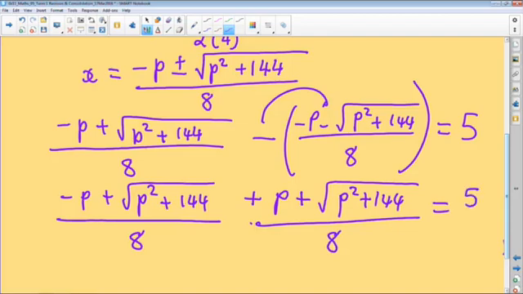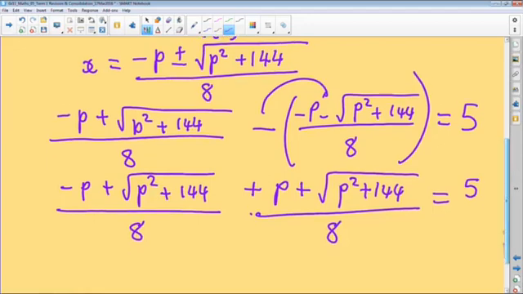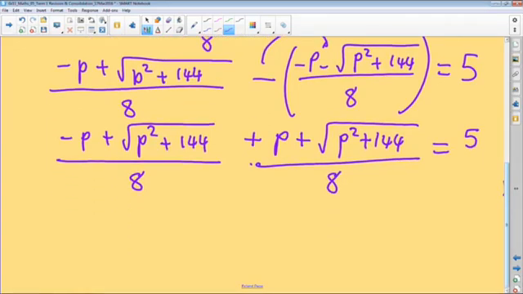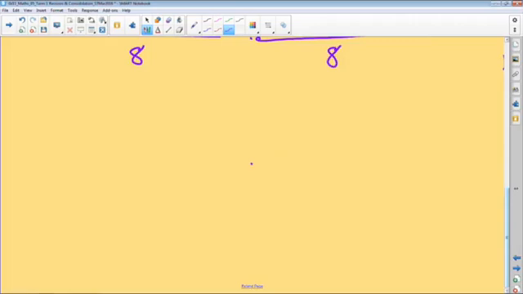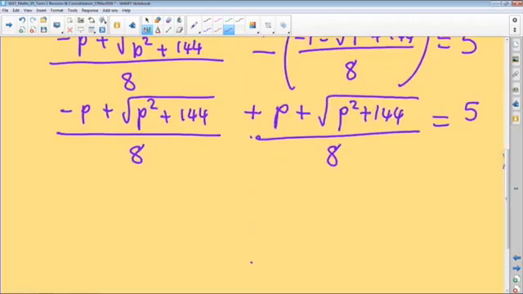Now, guys, if you were to check, your LCD here is 8, okay? So everything is divided by 8. So you can say it's all over 8, and to get rid of the denominator, you're going to multiply each and every term with the denominator, which is 8. Now, if you check your numerator, you'll have minus p plus p, which gives us a 0.